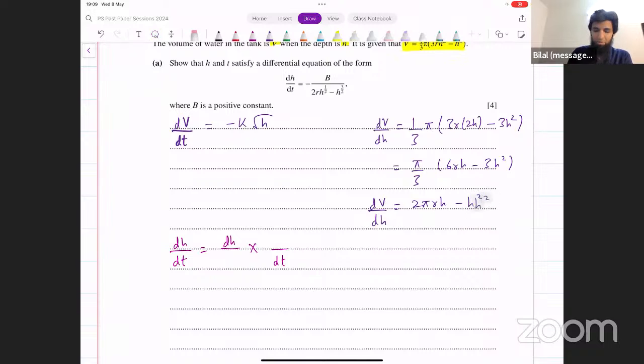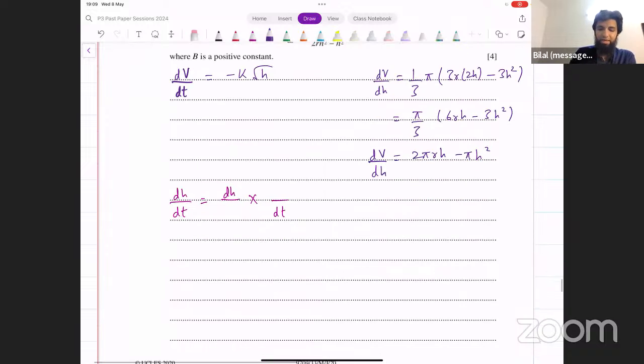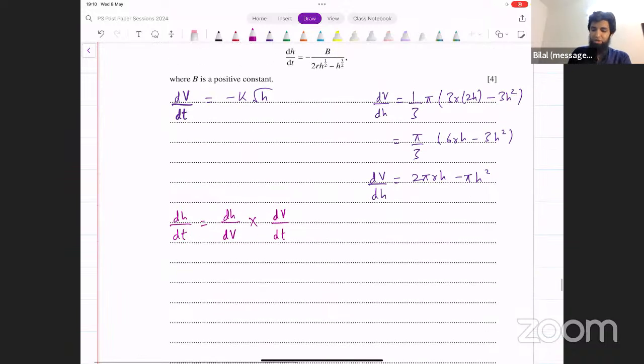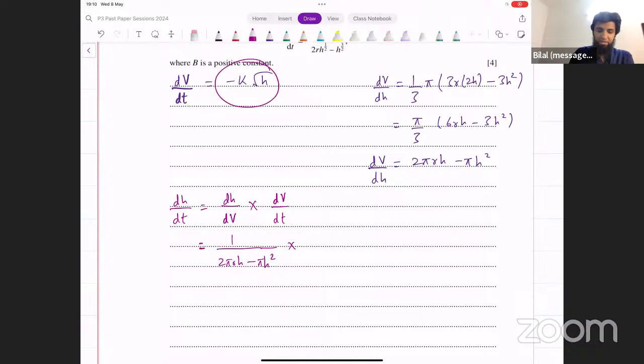I did not multiply by pi here. That's the chain rule that you would be using here. What's dh over dV? Reciprocal of this. That becomes 1 over 2 pi rh minus pi h squared, into dV over dt, which is this thing, that's minus k into square root of h.